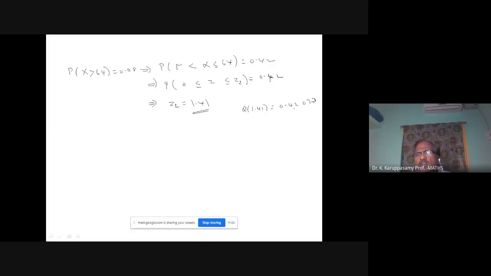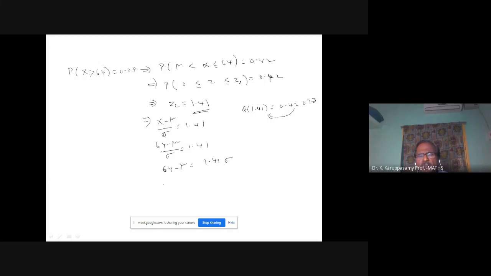Here, corresponding to 0.42, we get this answer in a reverse manner. So what is your Z2 value? X minus mu by sigma, with X equal to 64. 64 minus mu by sigma. Cross multiply: 64 minus mu is equal to 1.41 sigma.